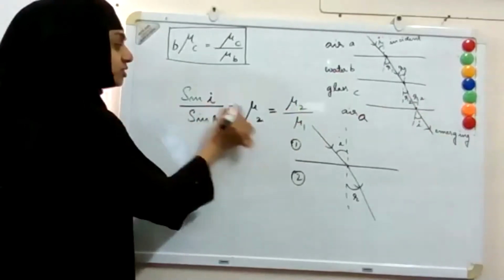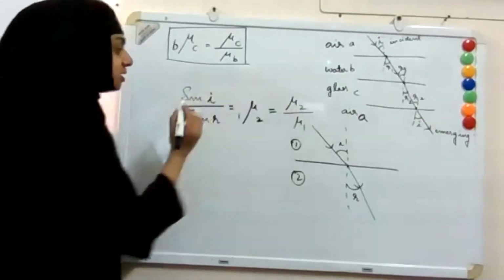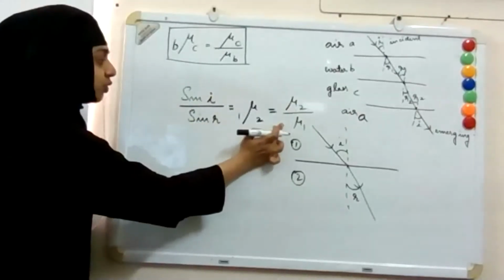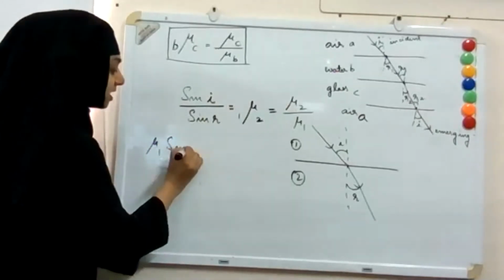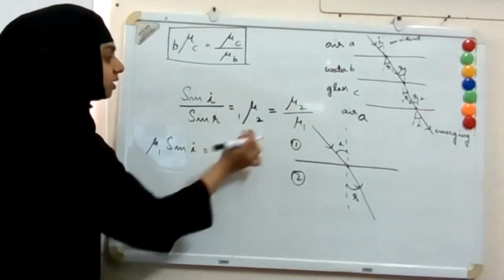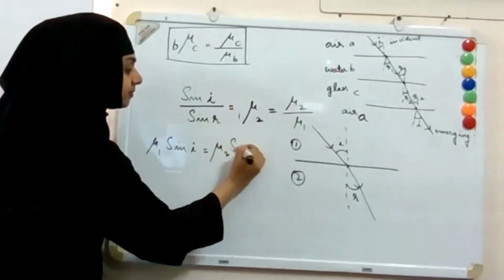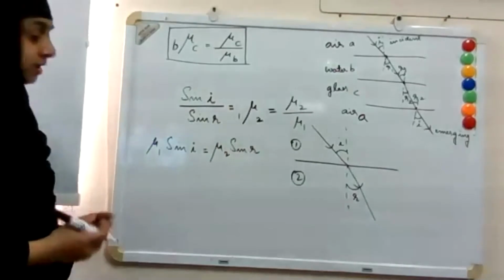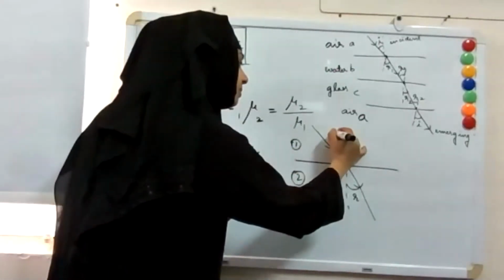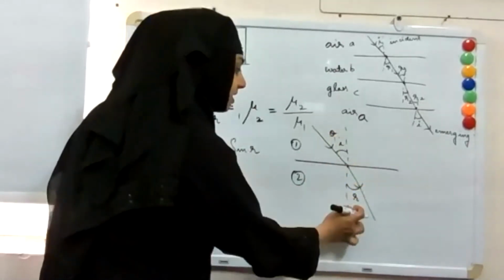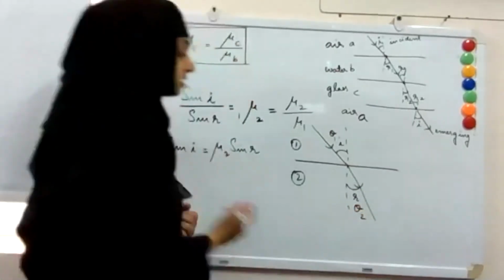Now I'm going to cross multiply these two. So what will it become? Mu 1 times sin I is equal to mu 2 times sin R. Now, let me express the angle in this medium as theta 1, and the angle in the second medium as theta 2.